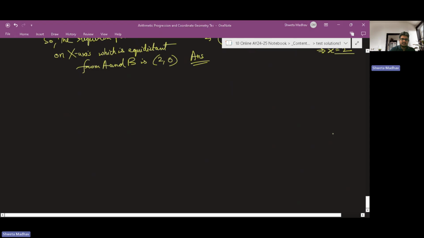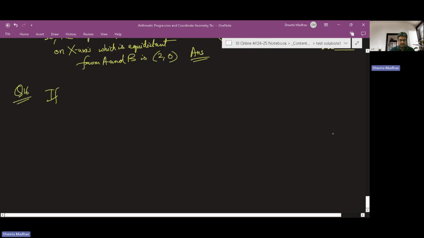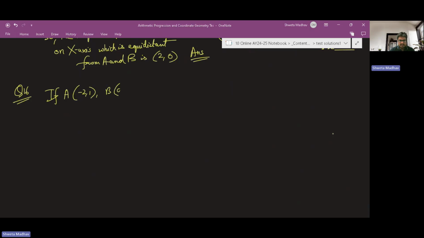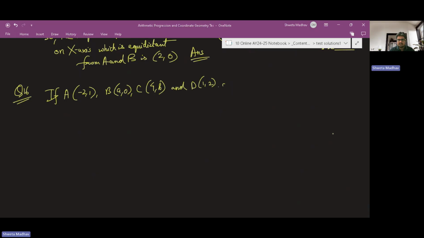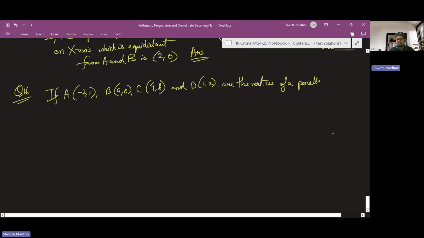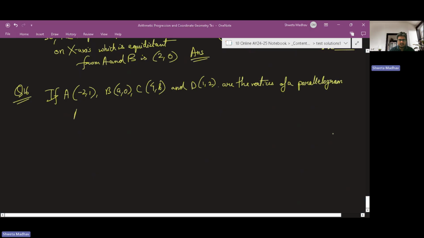Then in question number 16, it is told that if point A which is minus 2 comma 1, and B which is a comma 0, and C which is 4 comma b, and D which is 1 comma 2, are the vertices of a parallelogram ABCD.